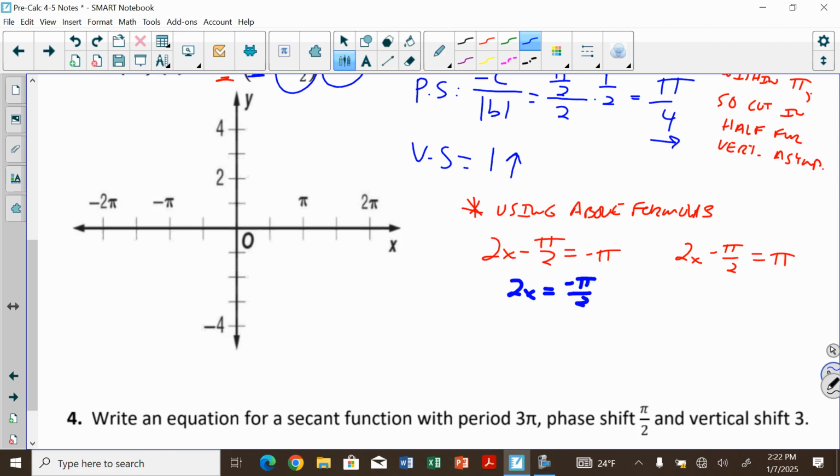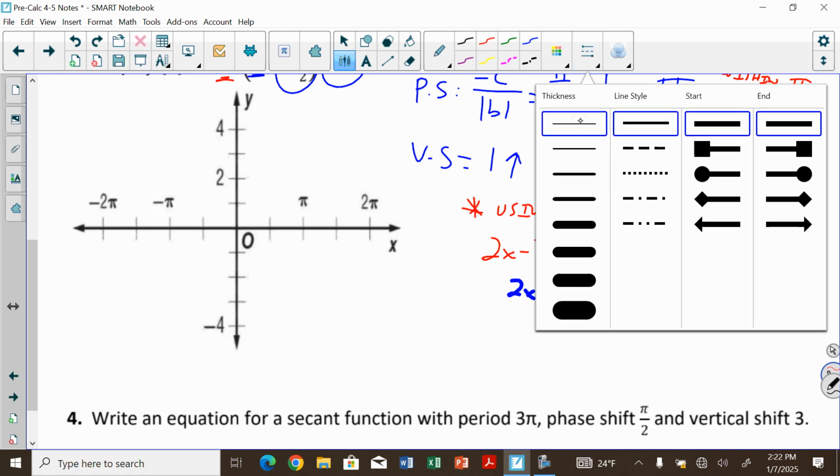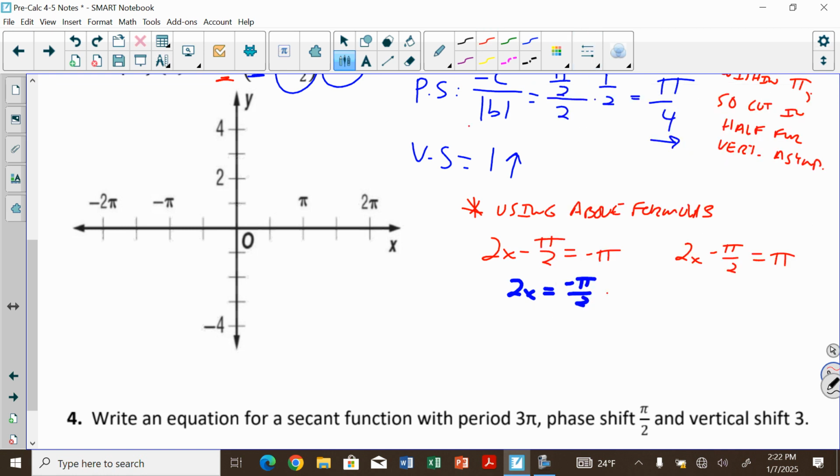And then I can multiply by 1/2 on both sides, just showing that really quickly. And we're going to end up getting x equals negative pi over 4.